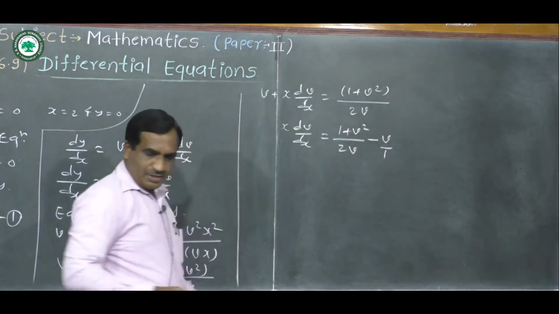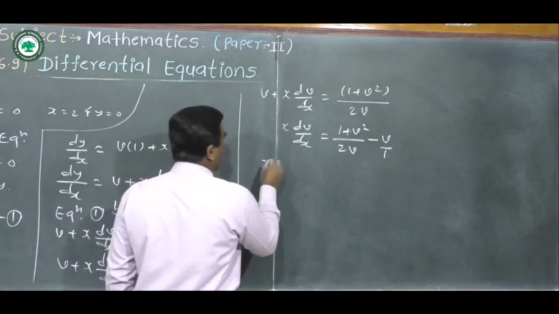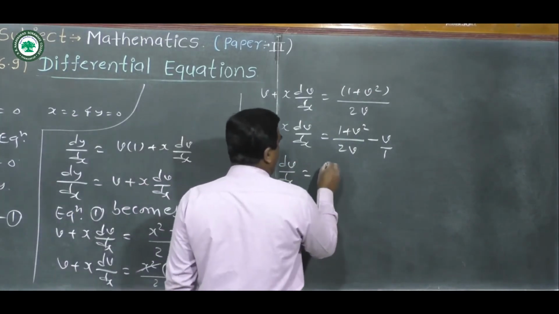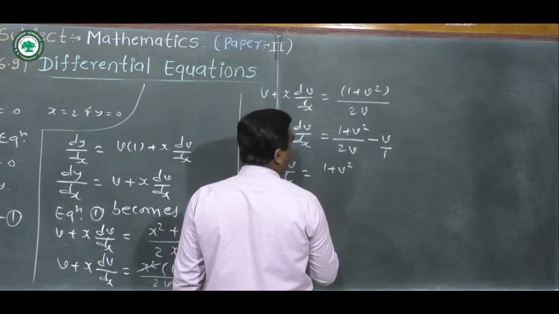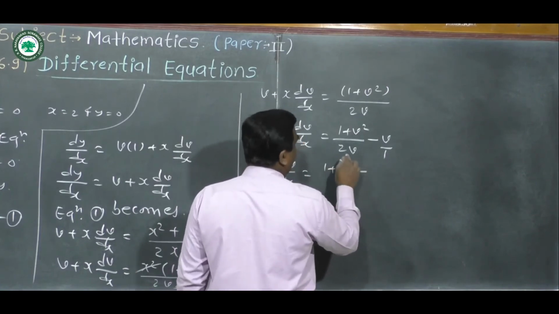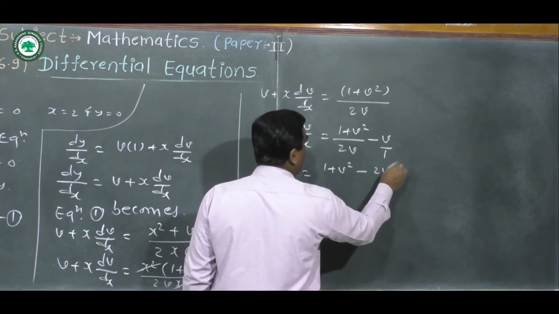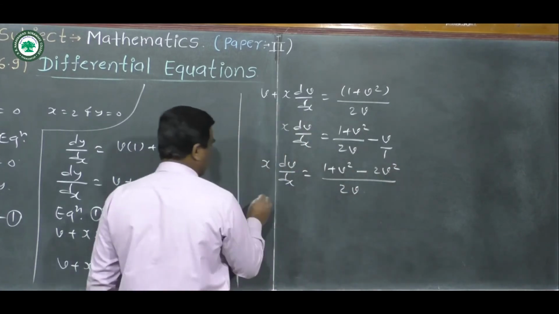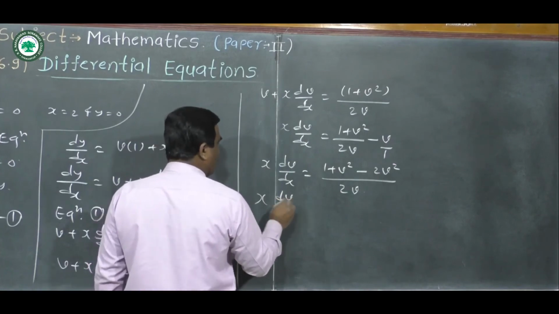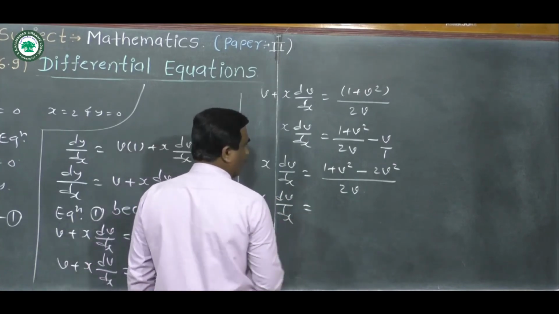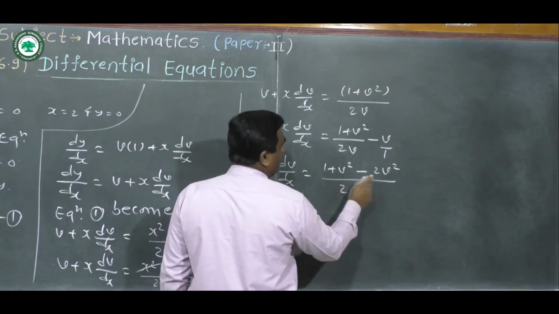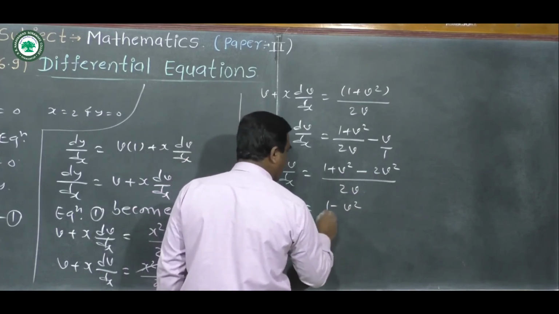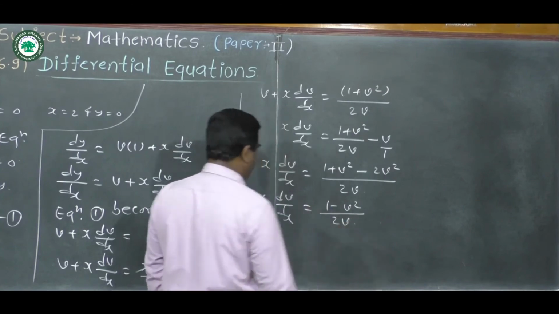Now taking addition, we can write here x into dv by dx is equal to 1 plus v square minus 2v into v, 2v square upon 2v into 1, 2v. That is, x into dv by dx is equal to v square minus 2v square means minus v square, 1 minus v square upon 2v.